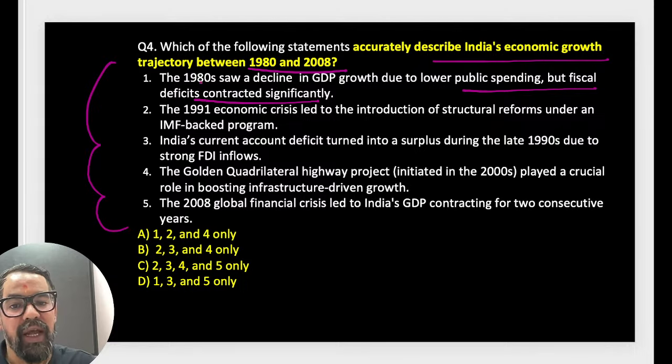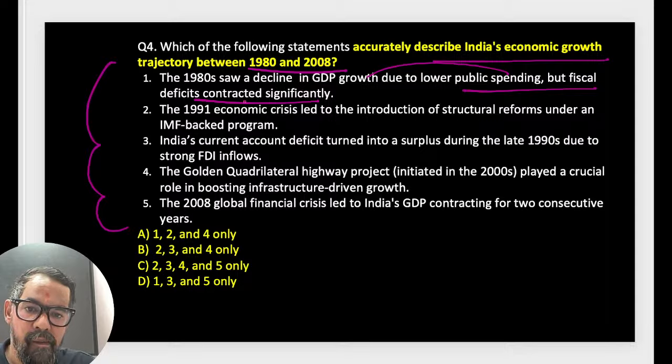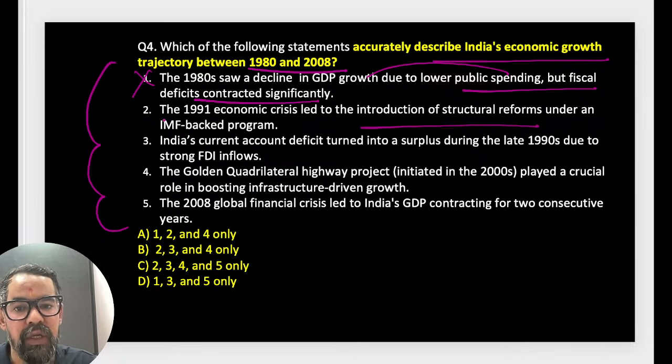Let's see. The 1980s saw a decline and lower public spending, but the public deficit contrasted significantly. No, this should be wrong, even the alignment itself is wrong. The 1991 economic crisis led to the introduction of structural reforms under the IMF-backed program.